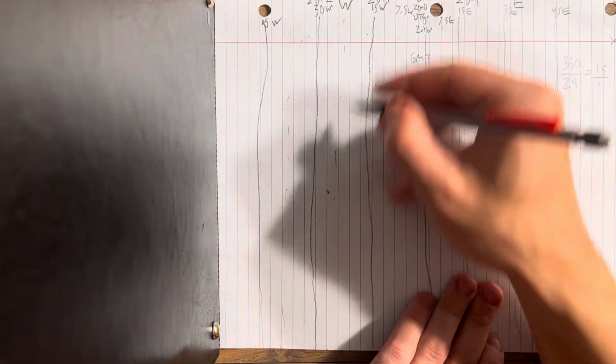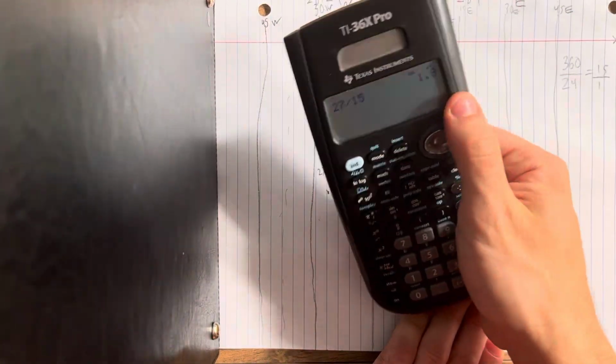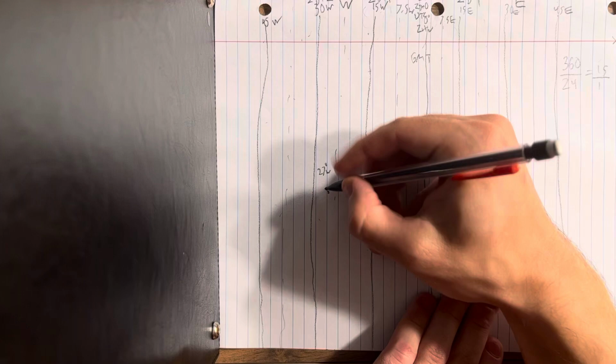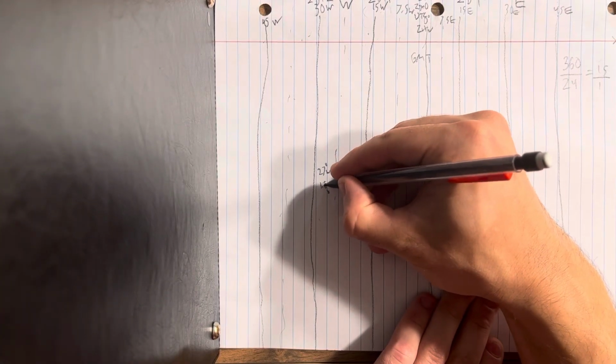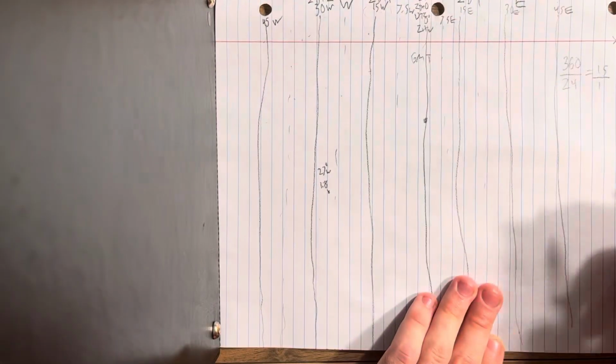So let's say we're 27 degrees west. You go to your calculator, 27 divided by 15. The answer is 1.8. So this is technically 1.8 time zones to the west of Greenwich. Well, 1.8 rounds to 2, so you can assume you're in ZD plus 2.